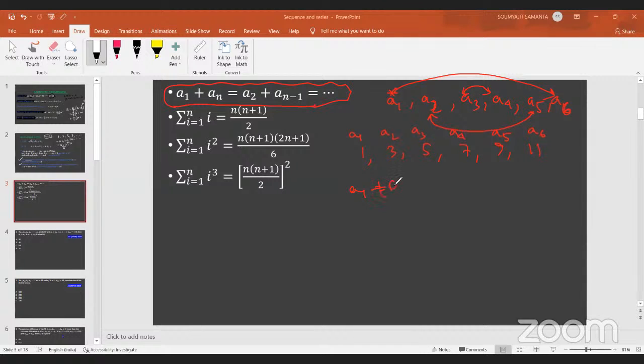A1 plus A6 will be 1 plus 11, that is 12. Again, A2 plus A5 is 3 plus 9, also 12. Again, A3 plus A4 is 5 plus 7, which is 12. So this will always hold good for an AP.